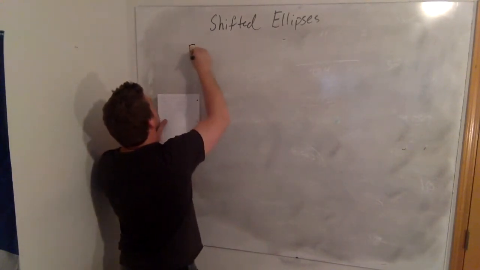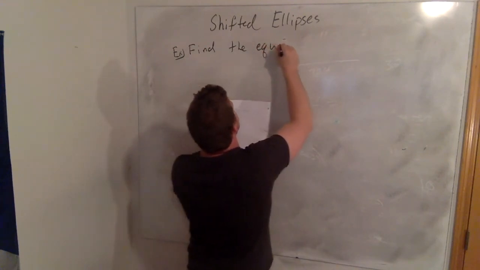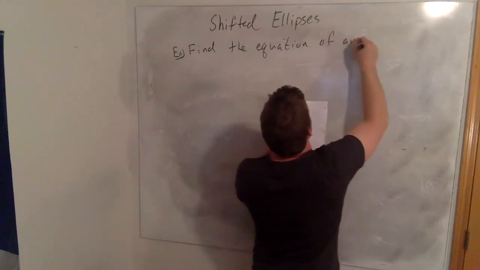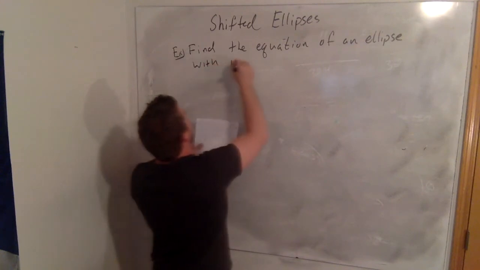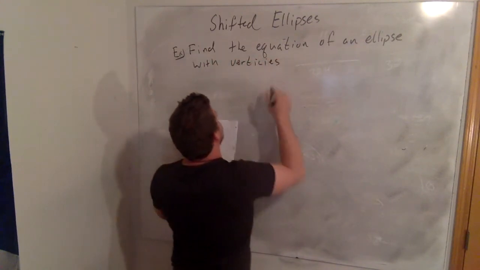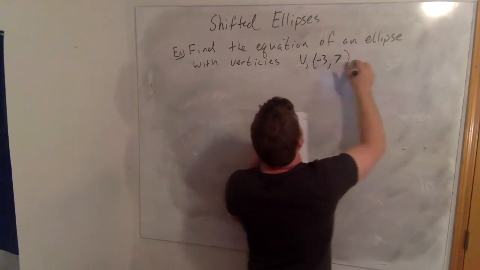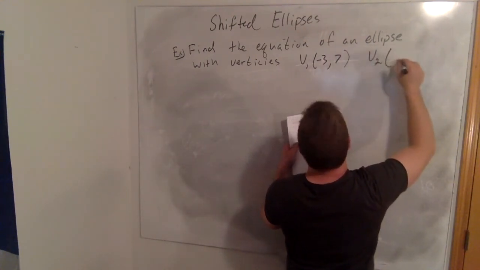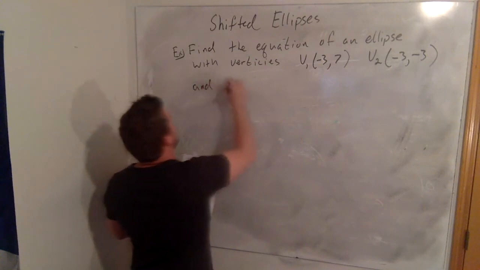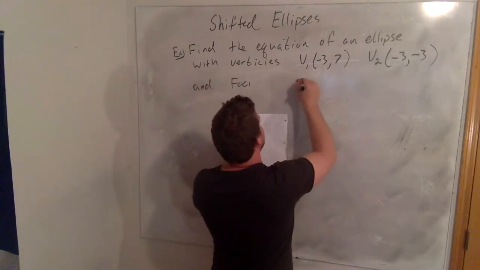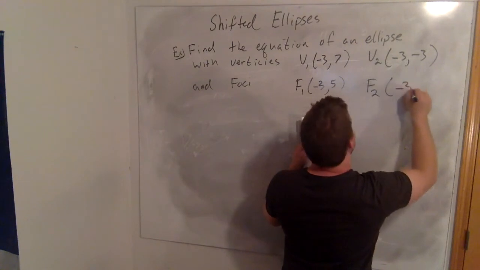Let's find the equation, say, of an ellipse with vertices, let's say V1 is -3, 7, and V2 is, how about -3, -3, and foci, let's say F1 be at, how about -3, 5, and F2 will be at -3, -1.